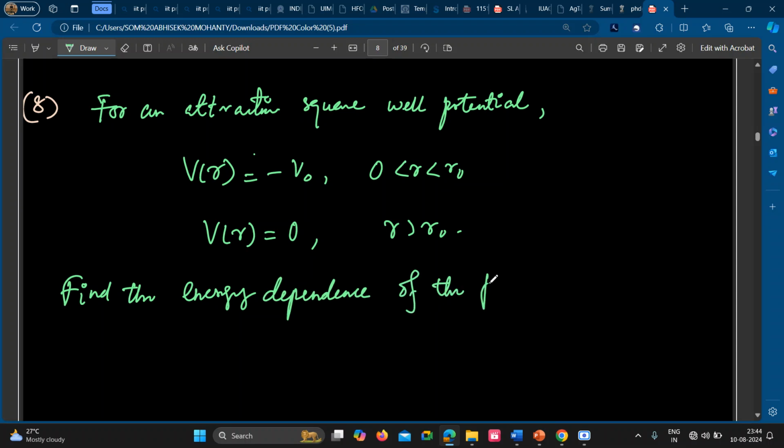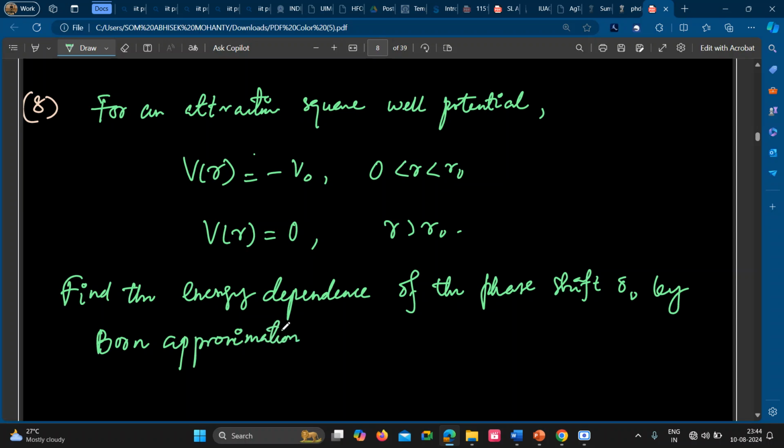Find the energy dependence of the phase shift delta 0 by Born approximation.